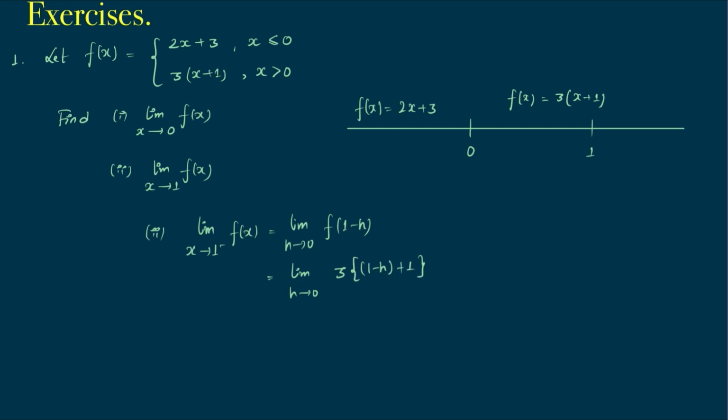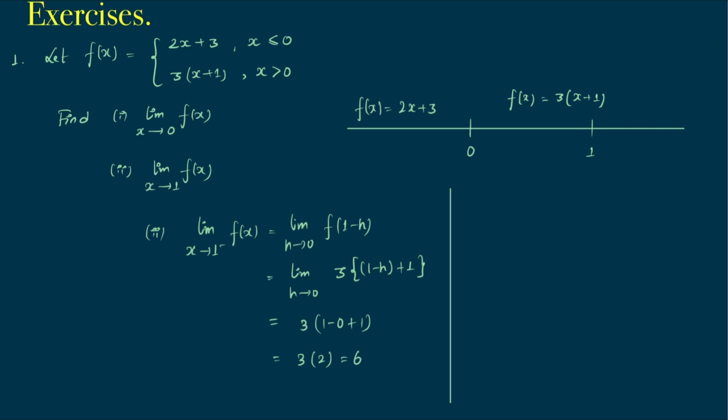What you have to do is, in place of this x, write this 1 minus h. So I'm doing that here. Now if you put the value of h as 0, you will get 3 into (1 minus 0) plus 1, that is 3 into 1 plus 1, which is 2, and it will be 6. That means the left hand limit is 6.